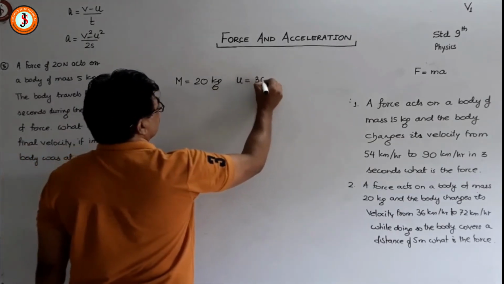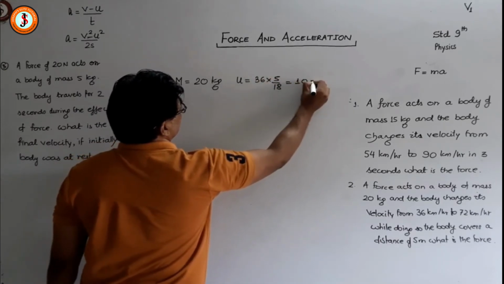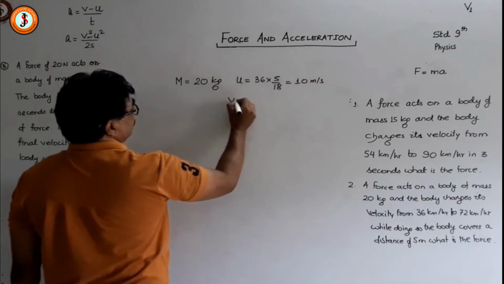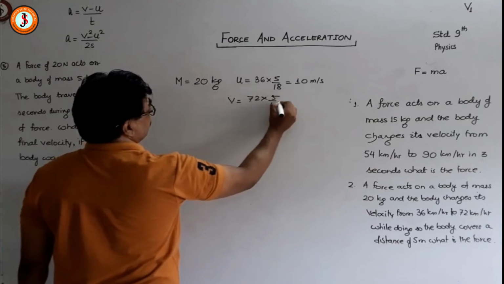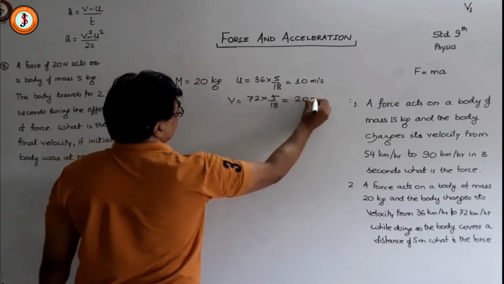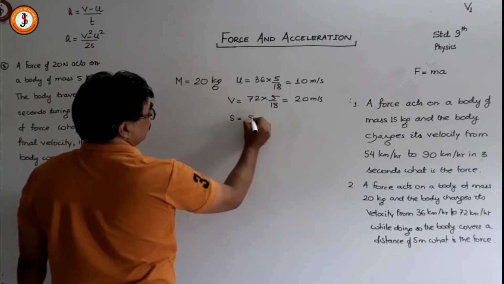So u is equal to 36 into 5 by 18, that is 10 meter per second, and v is equal to 72 km per hour, that will be 20 meter per second, and distance covered is 5 meters.